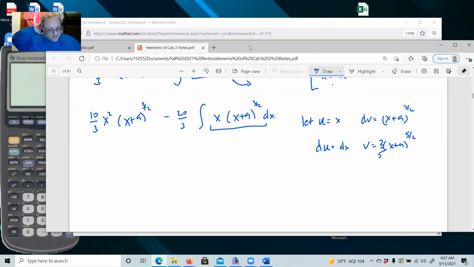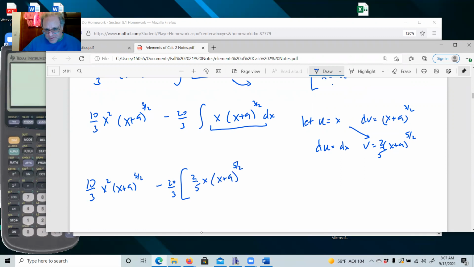Again, take the derivative and double check it, a guess and check kind of thing. So this is going to be 10 thirds x squared times (x plus 9) to the 3 halves, minus 20 thirds times uv, which is 2/5 x times (x plus 9) to the 5 halves, minus the integral of 2/5 times (x plus 9) to the 5 halves dx.